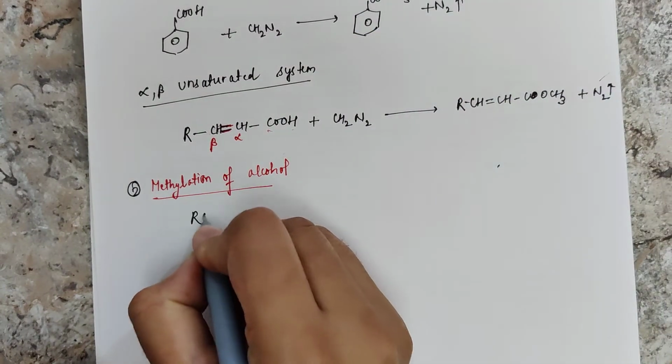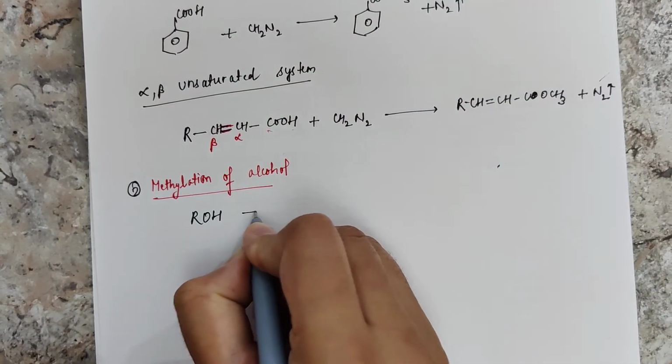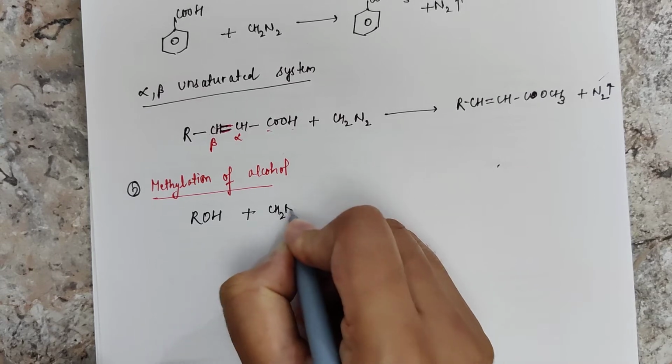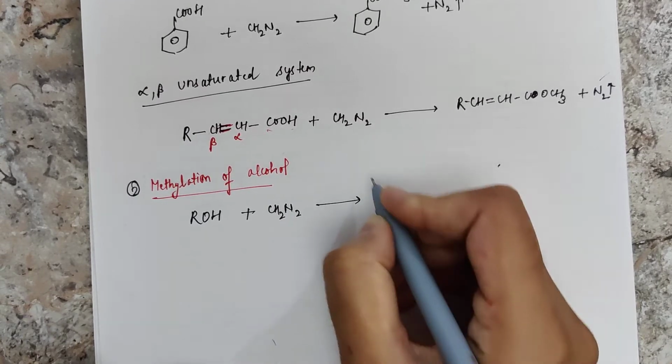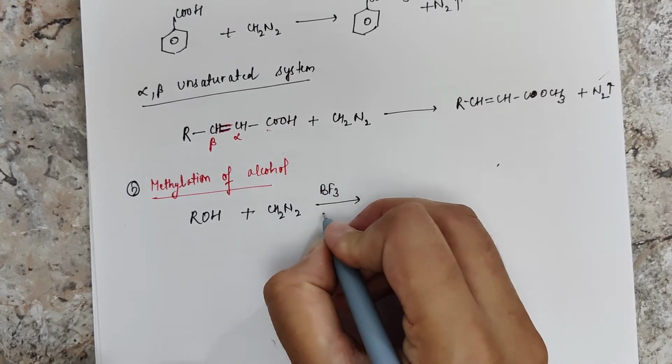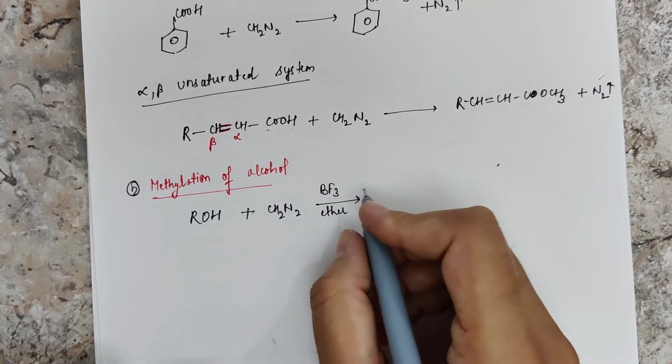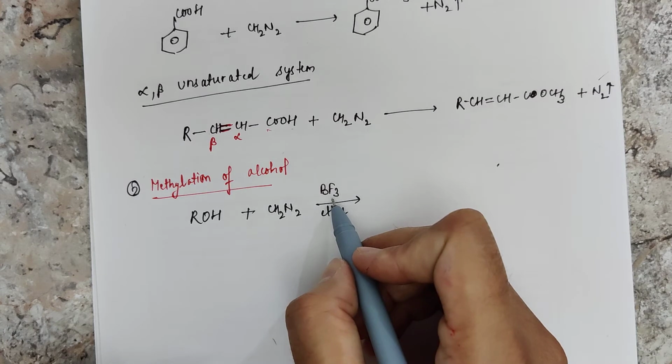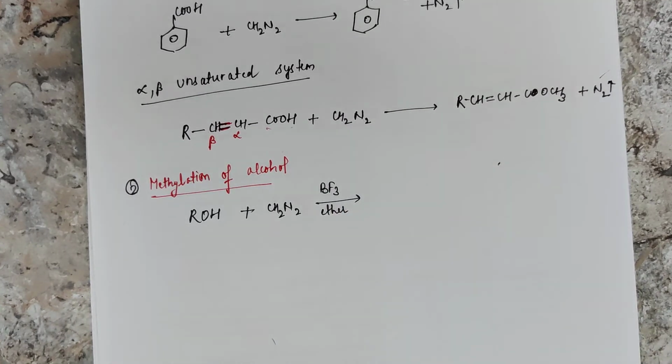Let's say we have ROH on reaction with diazomethane in presence of ether solution of boron trifluoride. It will give us methylated product and nitrogen.